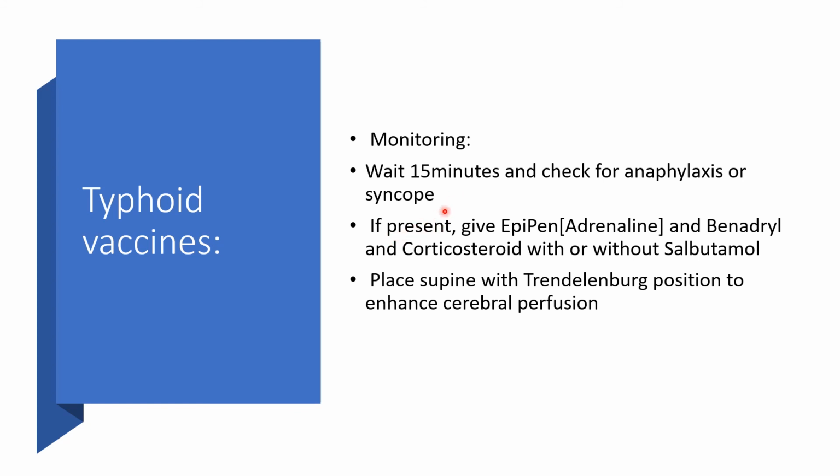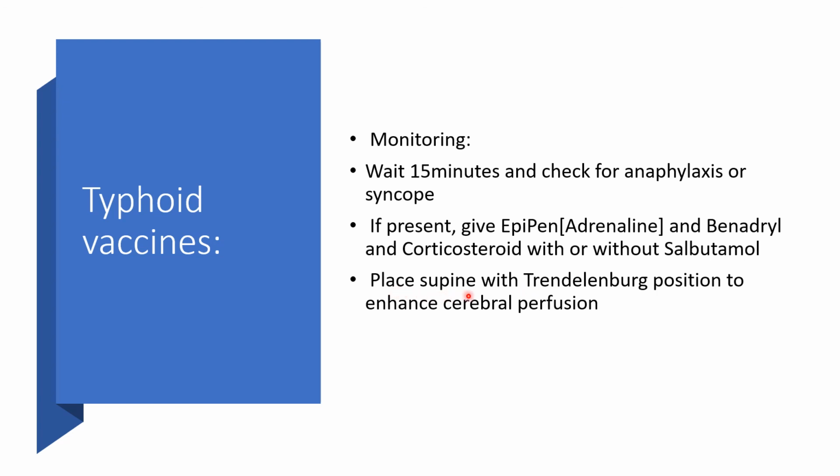And if anaphylaxis is present, we have to jab the patient with an EpiPen. EpiPen in North America, adrenaline in Europe. And we have ready Benadryl, corticosteroids, with or without salbutamol, all to reverse anaphylactic reactions.